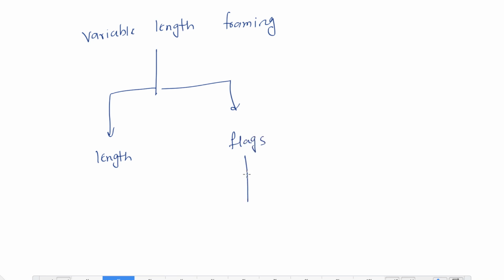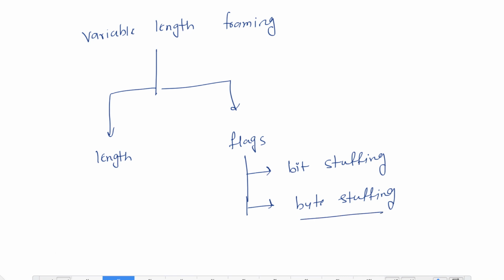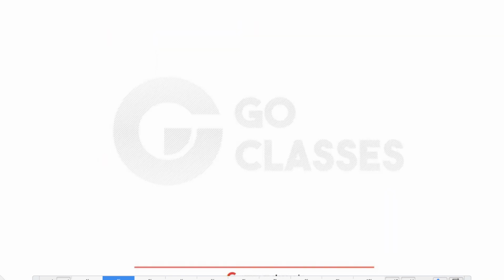Now we can implement these flags using two ways: one is called bit stuffing, another one is called byte stuffing. Now let's look at byte stuffing first and how it works, and then we will move to bit stuffing.